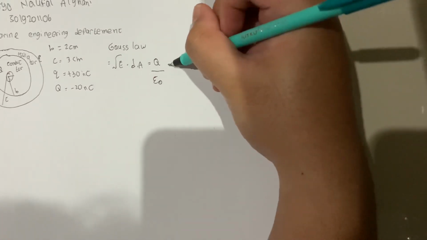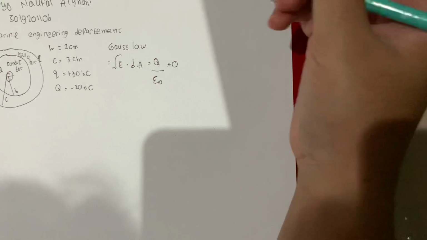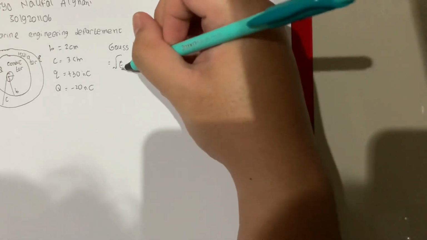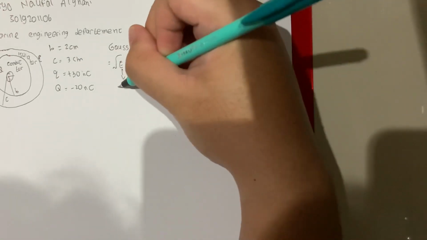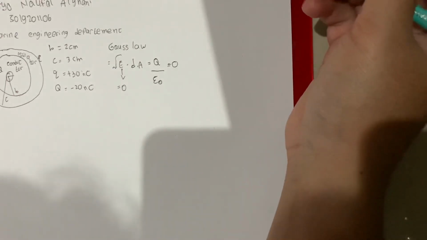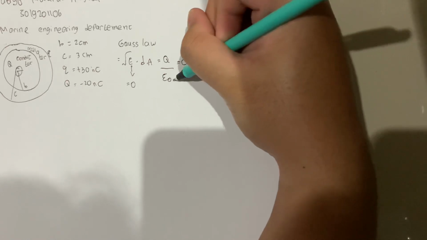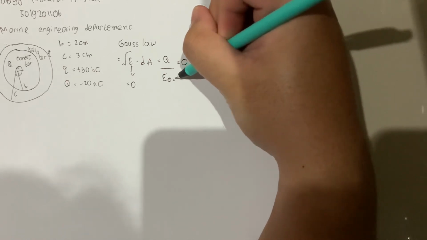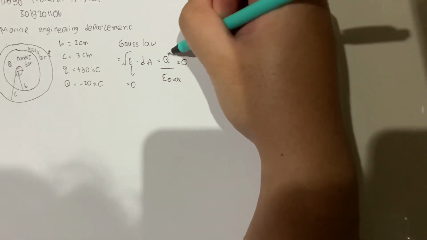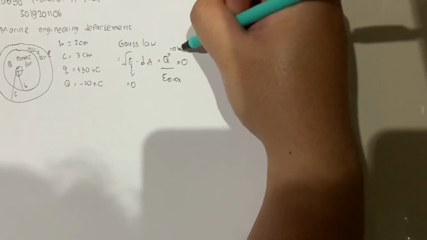We have to put this equation equal to 0. Why? Because the question asks us to find the electrical field equal to 0. But we cannot set epsilon 0 equal to 0, so we put Q equal to 0.